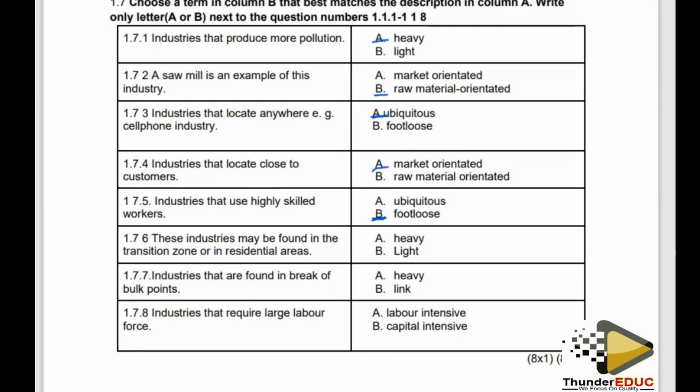These industries may be found in the transition zone or in residential areas. That could be the light industries. Reason: they produce less noise, less pollution, and do not require a large piece of land. Industries that are found in the break of bulk points, that would be the heavy industries.